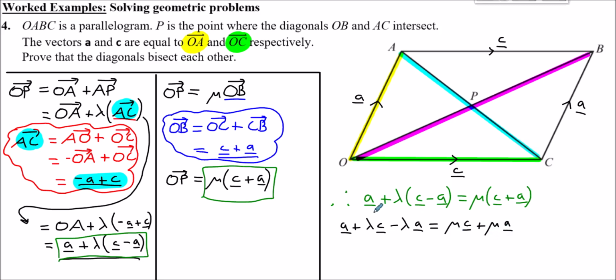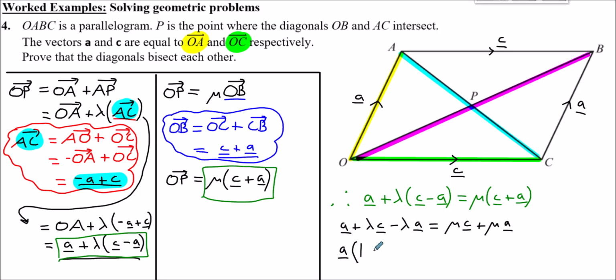So let's simplify this a bit more. Let's get the A terms so we can compare them, and then the C terms and compare those. So on this side we've got A, that's 1A.